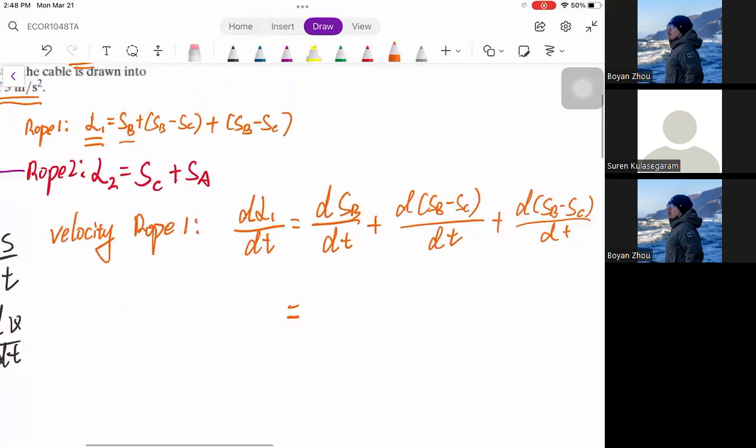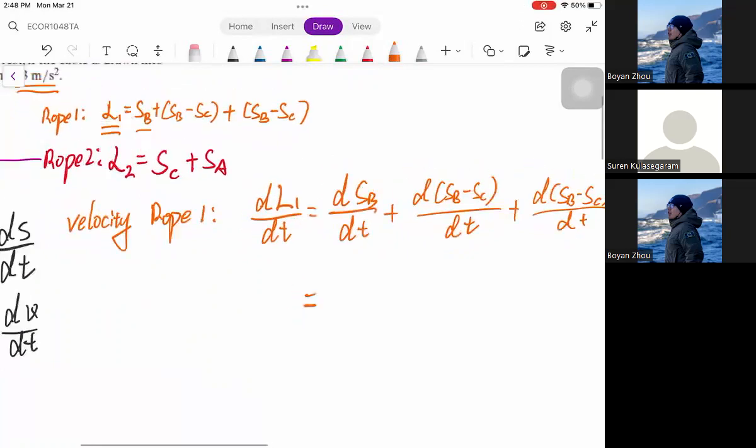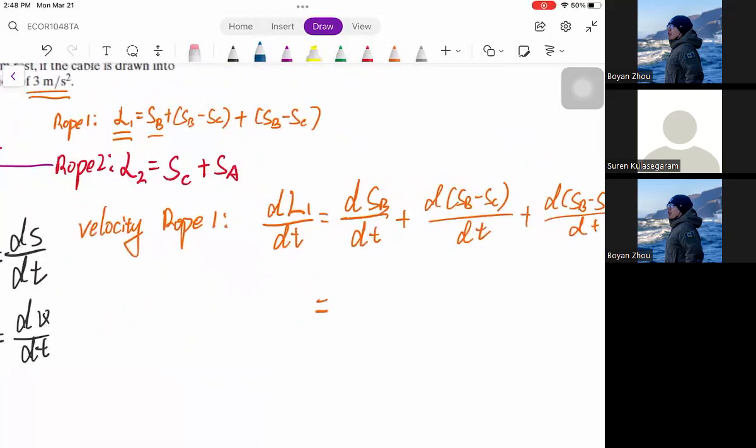Okay, so once we set up the equation here, we already mentioned that the L here is a constant.